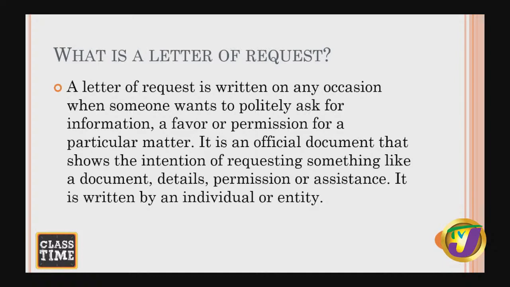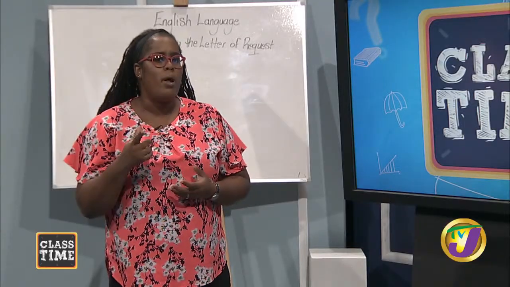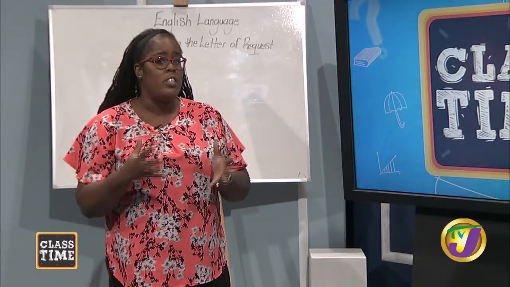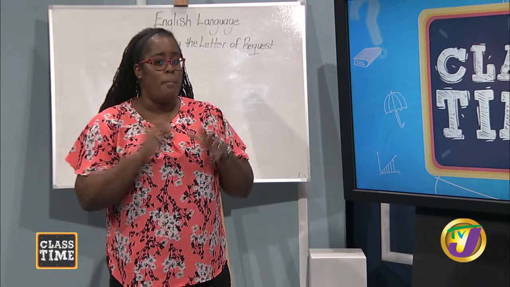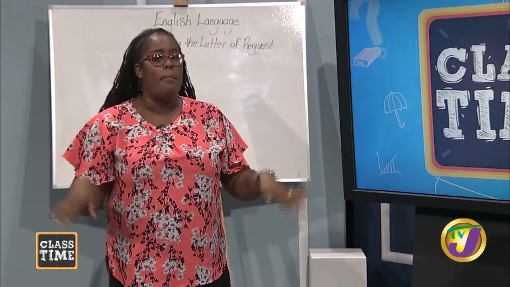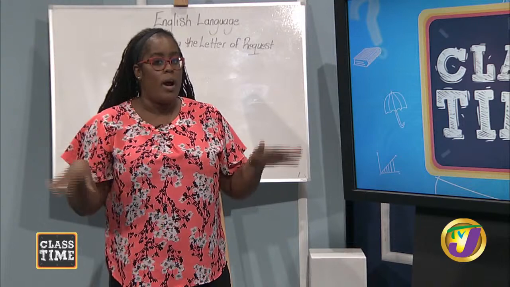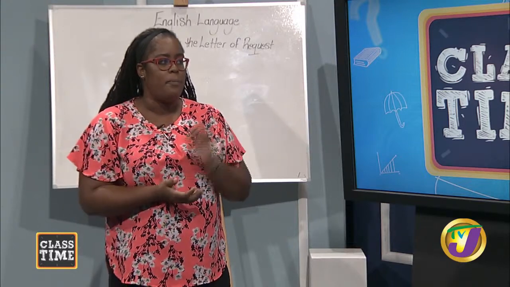It is written by an individual or entity. Again, we need to bear in mind that it is a formal document, an official document written by an individual or by an organization, or an entity, as it says here.